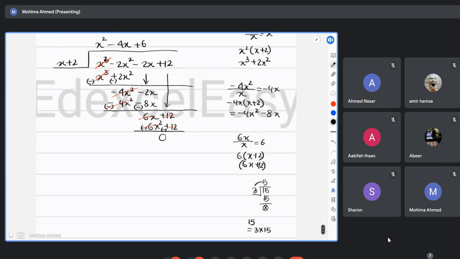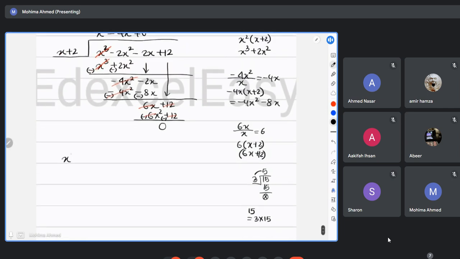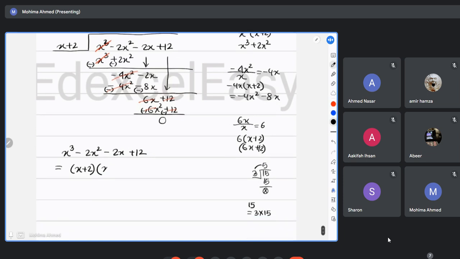So using that concept over here, the original polynomial was x cubed minus 2x squared minus 2x plus 12. I can now break this down as what? x plus 2 and again what? x squared minus 4x plus 6, right?